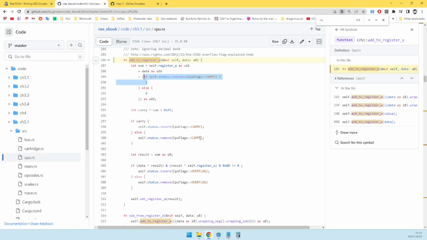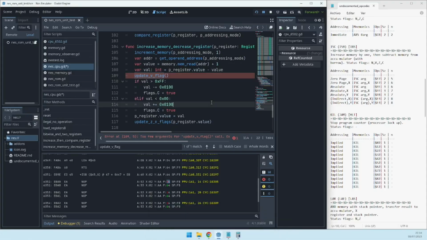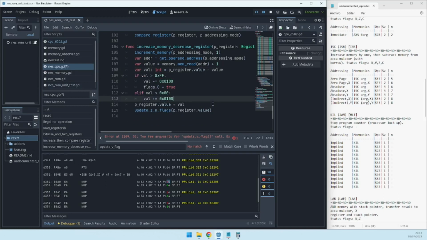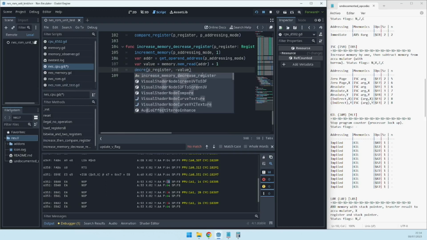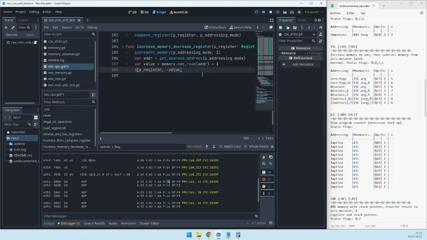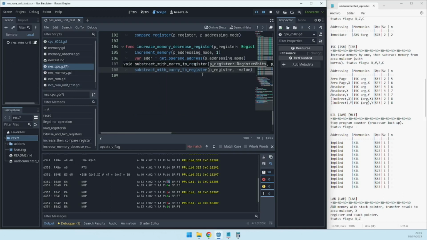Insert, remove. Maybe I have to, instead of increment register code, decrement or subtract with carry to register. Okay.